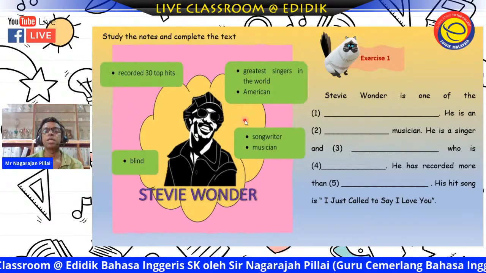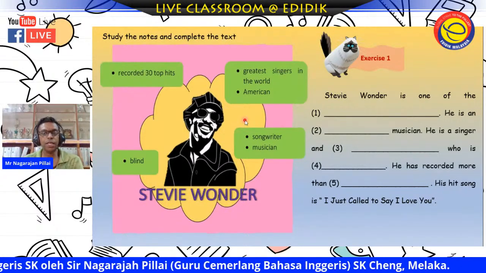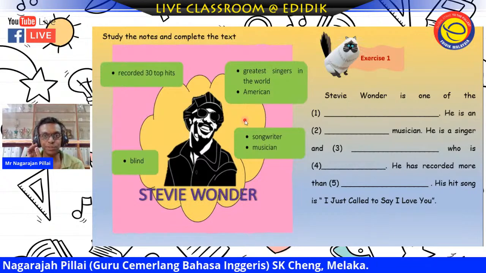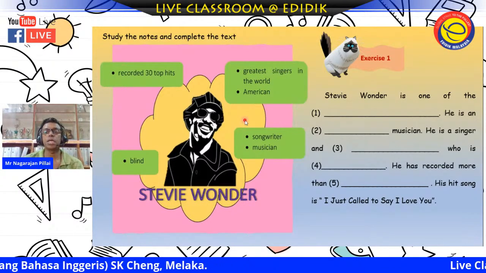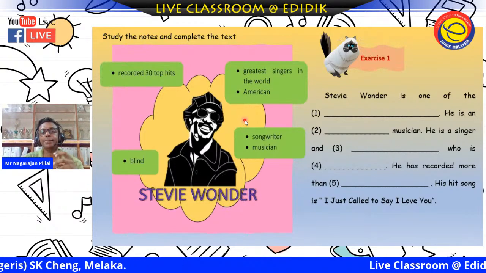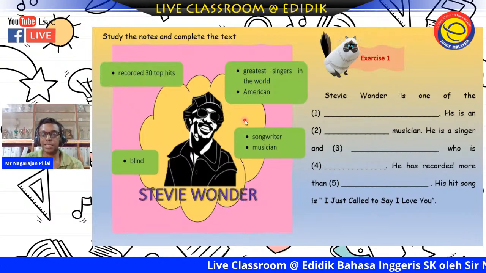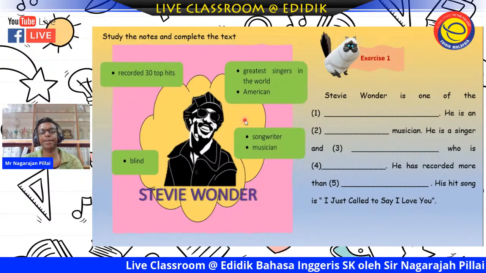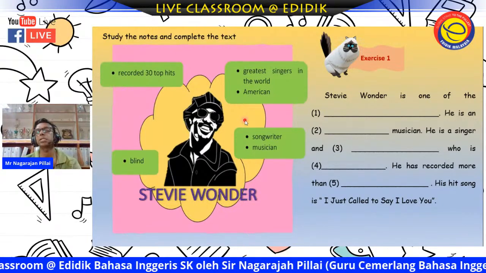Let's read. Stevie Wonder is one of the blank. Remember, just read. Don't write anything. He is an blank musician. He is a singer and blank. Who is blank?